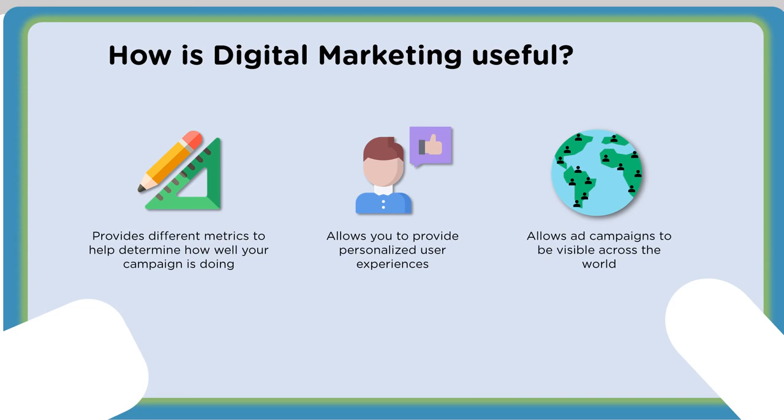So if I want to target people in India or Nepal or Pakistan, I can certainly do that. And I can do that with the snap of a campaign, and I can get data back. And based on the data, I can tailor that experience even better. Really, it just allows us to really hone in on a particular audience anywhere in the world very quickly. So these are just three of the main reasons why digital marketing is useful.